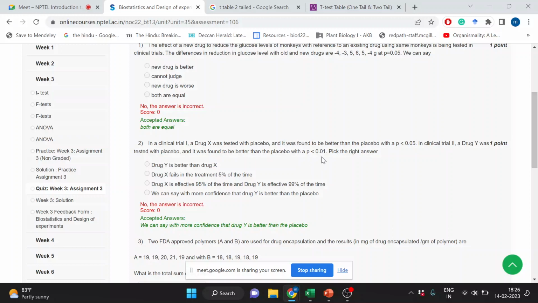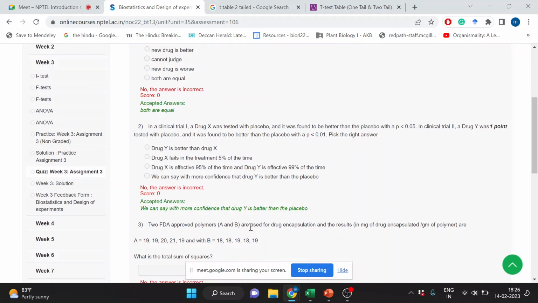You can't compare X and Y, you can just compare with the placebo, and you can say I have more confidence because the type 1 error is lesser in case of Y, since p less than 0.01. So using that criterion, the false positive rate is lesser. That's why Y is better than the placebo with a higher confidence.